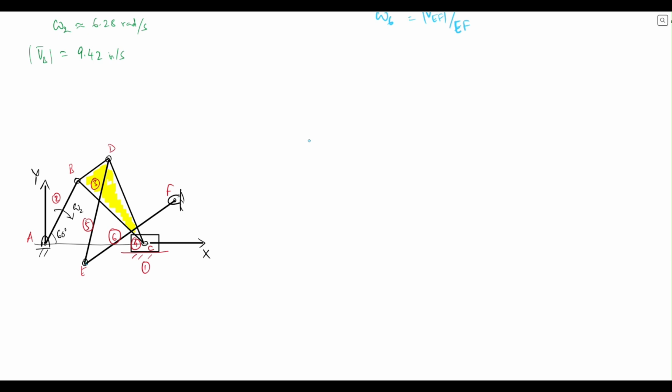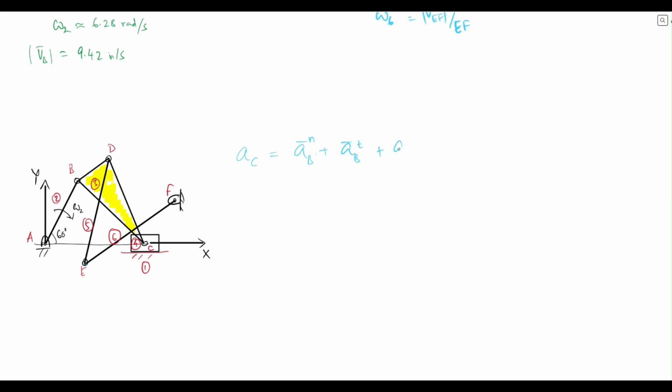Then we move to acceleration analysis. We get the acceleration of point C should be equal to acceleration of B plus acceleration. Of course, this will have normal and tangential components.